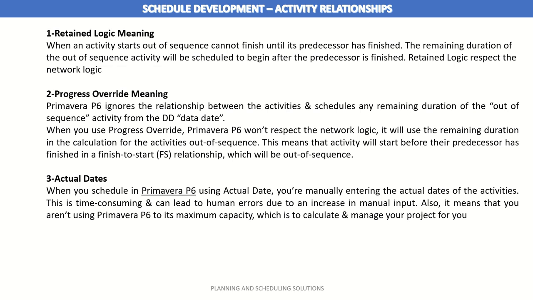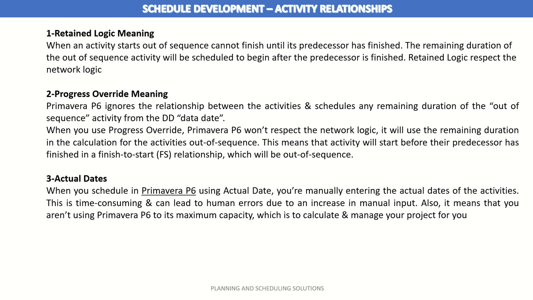If you have a baseline program with two activities, let's say A and B, and the original logic says you start activity B once you complete activity A, but in the actual situation you have started activity B but not started activity A, what happens?